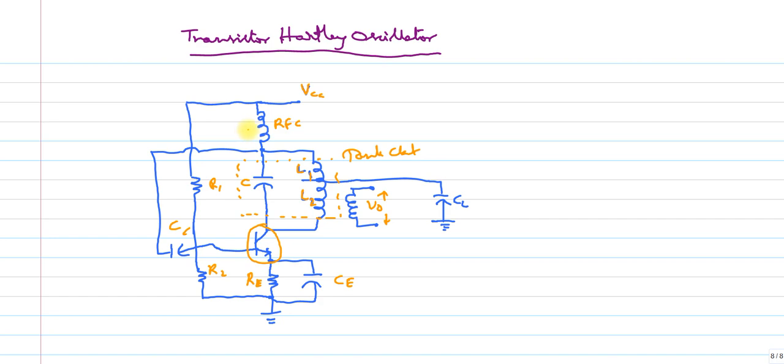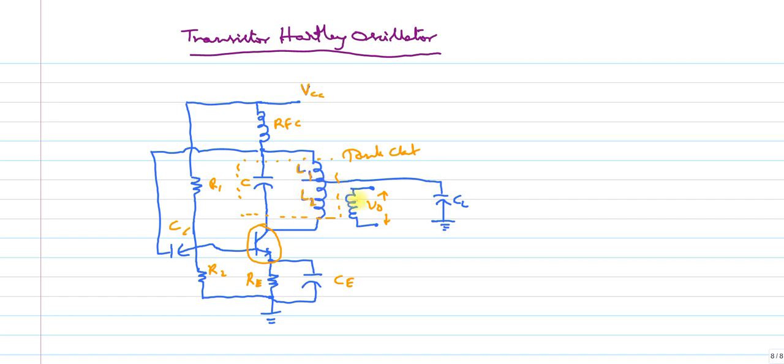So this is the common emitter configuration of the transistor with voltage divider bias. You can see this is VCC, connected to R1, R2, and this is the transistor. In between the RF choke and the collector there is a tank circuit, with the capacitor and the inductor divided into two parts.